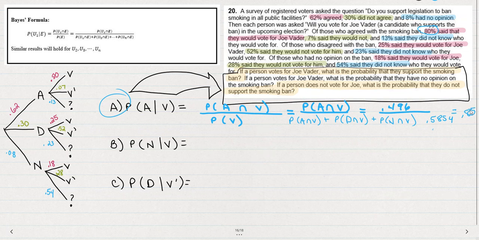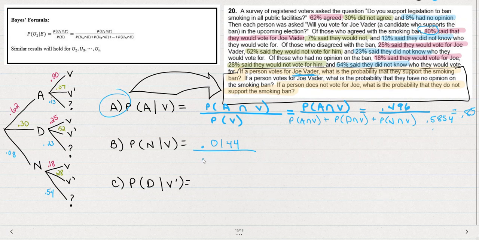So do you see that if we know that they voted for Vader, then there's an 85% chance that they support the smoking ban? What's the probability that they supported the smoking ban? 85%. For part B, let me just give you a little bit of a hint here so you could try the example, but then check that you're getting this intermediate step correctly.